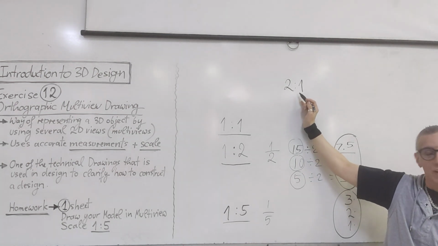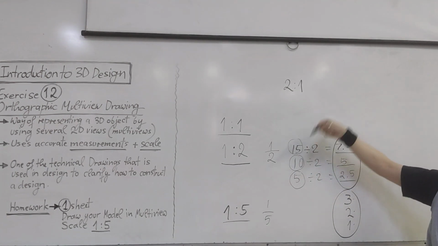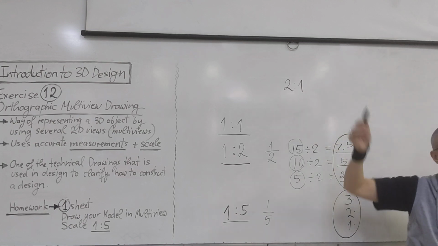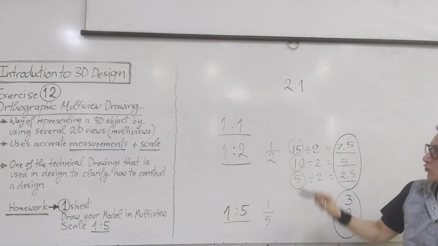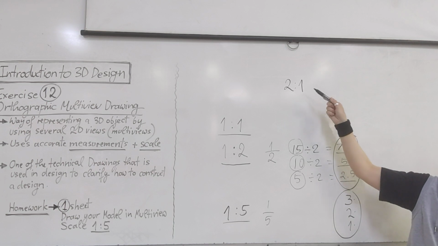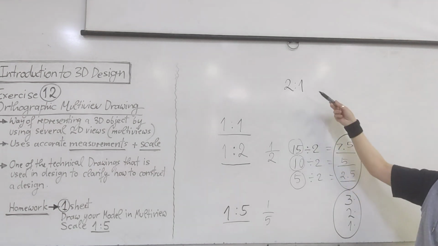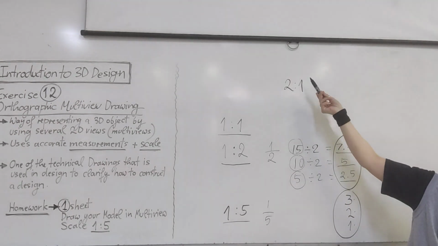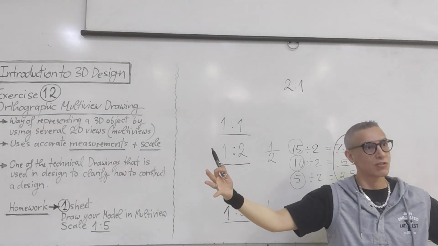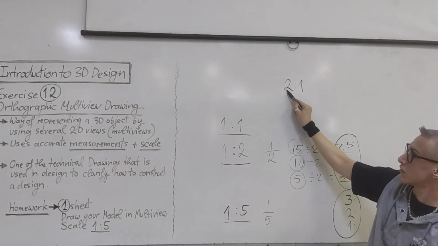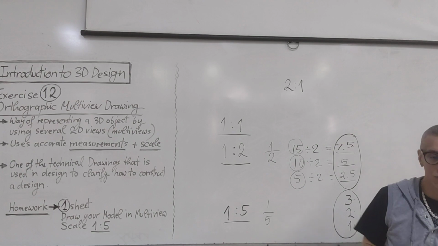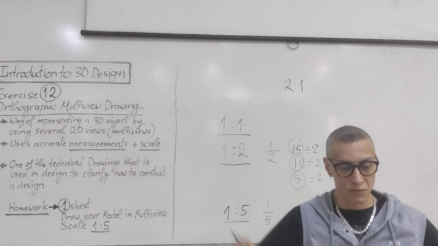This means the cube will be twice the size, so I'm making it bigger. So 15 times 2 becomes 30, 10 times 2 becomes 20, 5 times 2 becomes 10. So we are making it larger now. If the number at the front is getting bigger, this will increase the scale.